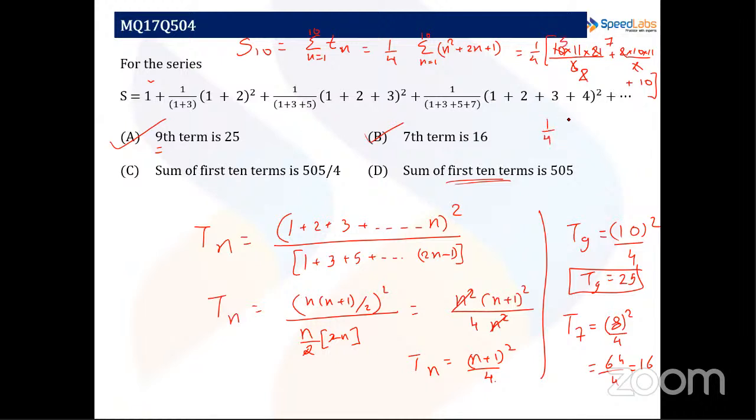So we are having this as the term would be 5 not 5. So the correct option we are getting here is option C.